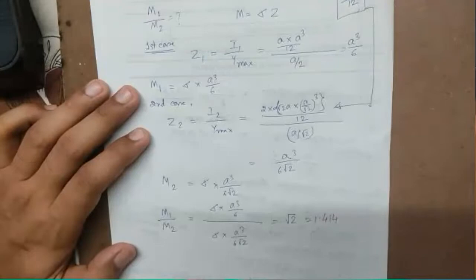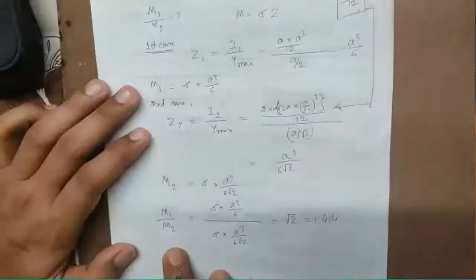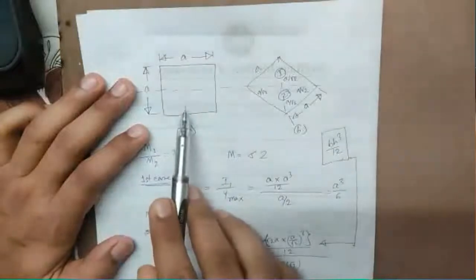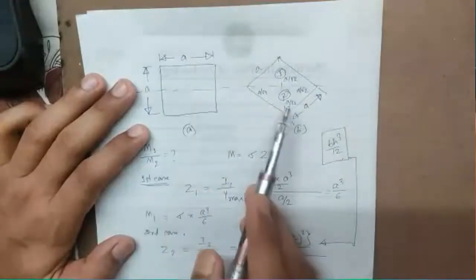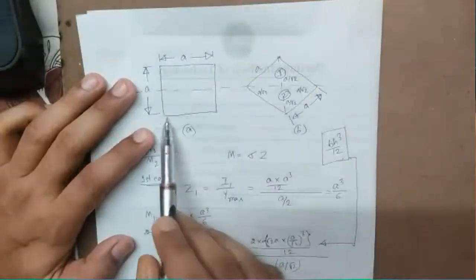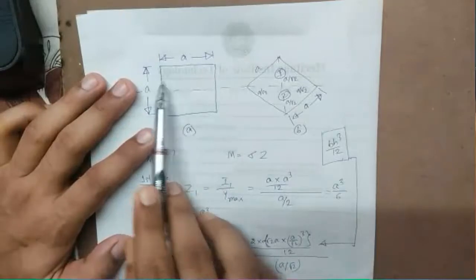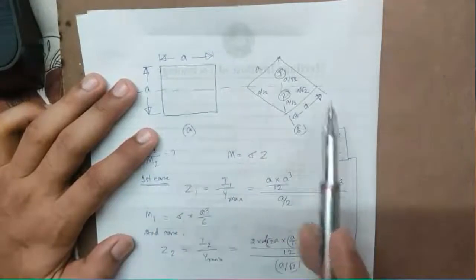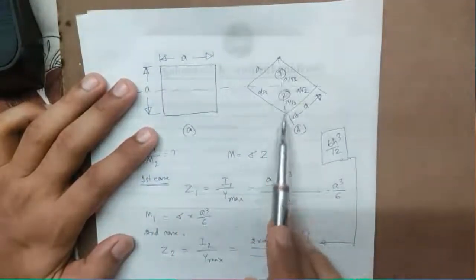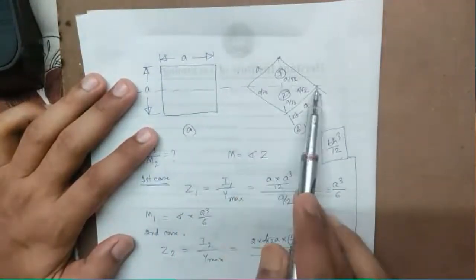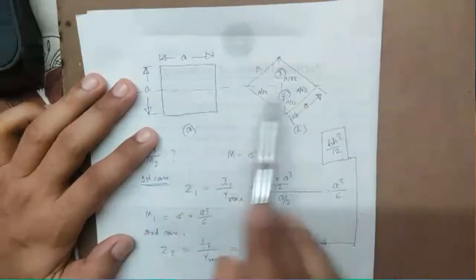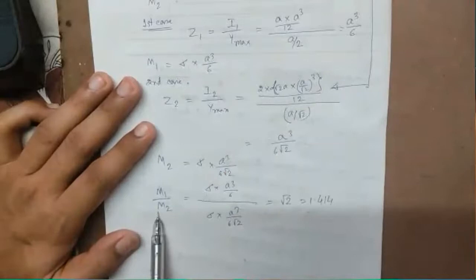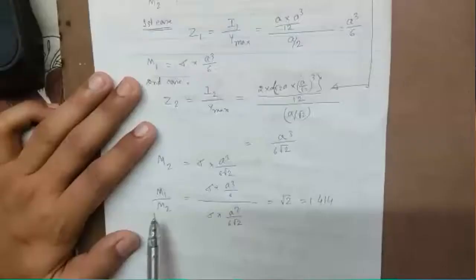Okay. So we can find that if the same bar is used for the same type of loading, but initially two sides were vertical and two sides were horizontal, and later on one of the diagonals is vertical and the other diagonal is horizontal, the same bar is used in different ways, and we find the moment of resistance will be different.